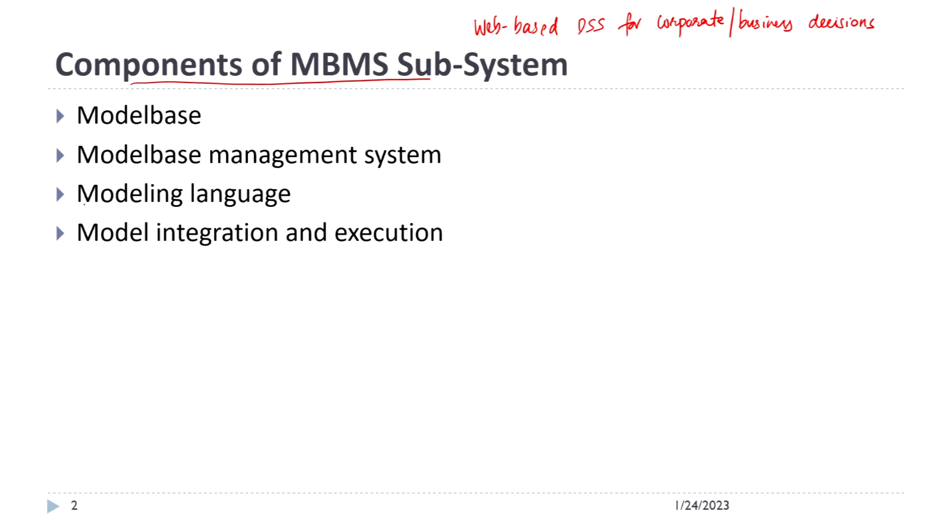The four major subcomponents we will be discussing are the model base, the MBMS model based management subsystem, the modeling language, what a modeling language is, and how you integrate and execute models. These we will not cover in detail; we will be introducing the concept, and then see the details one by one later down the road.